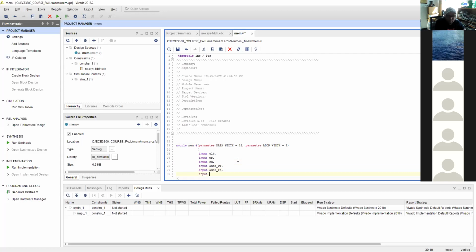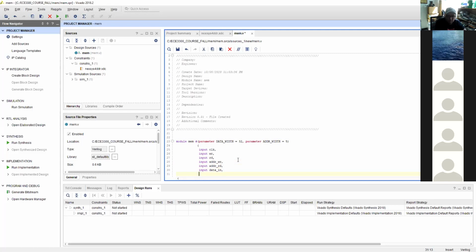Then we need input data, and we need an output register, of course, which is going to be data out.